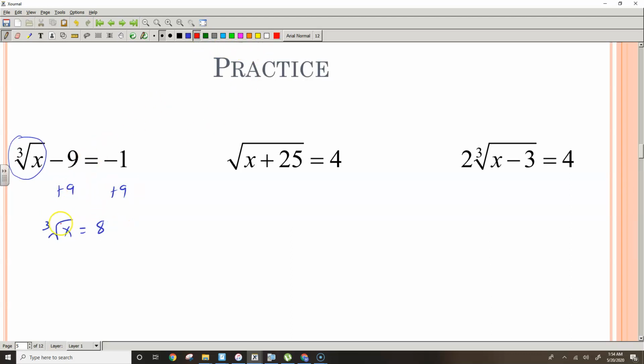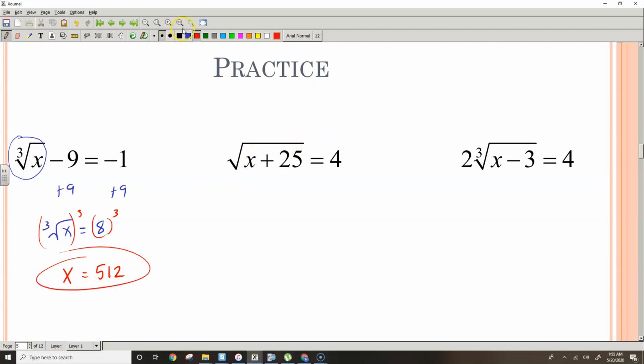And then since it's a cube root, I'm going to cube both sides. So I'm going to raise both sides to the 3. So therefore, this would become x equals, and then we need whatever 8 cubed is. So 8 cubed is 512. So there's my answer, 512.